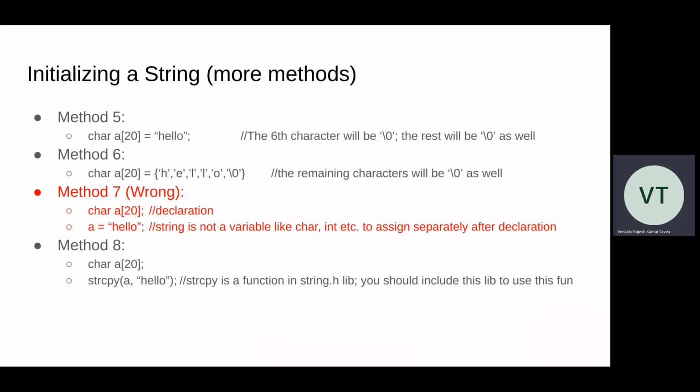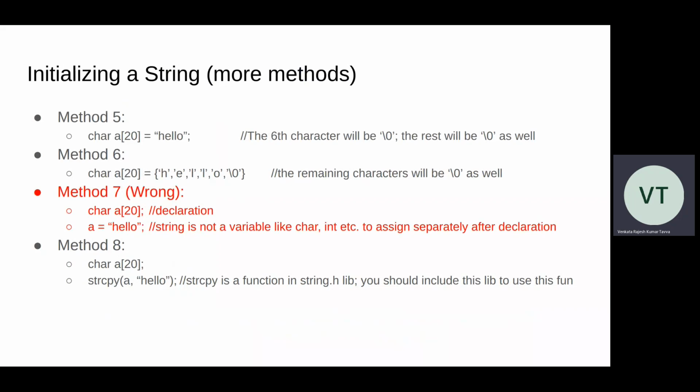These are also some methods. Here the size of the character array is much larger than the string which it is holding, so the remaining elements will be initialized to \0. You can either declare it as a single string in double quotes, or as individual elements in set format. Either way, the remaining characters will be initialized to \0.